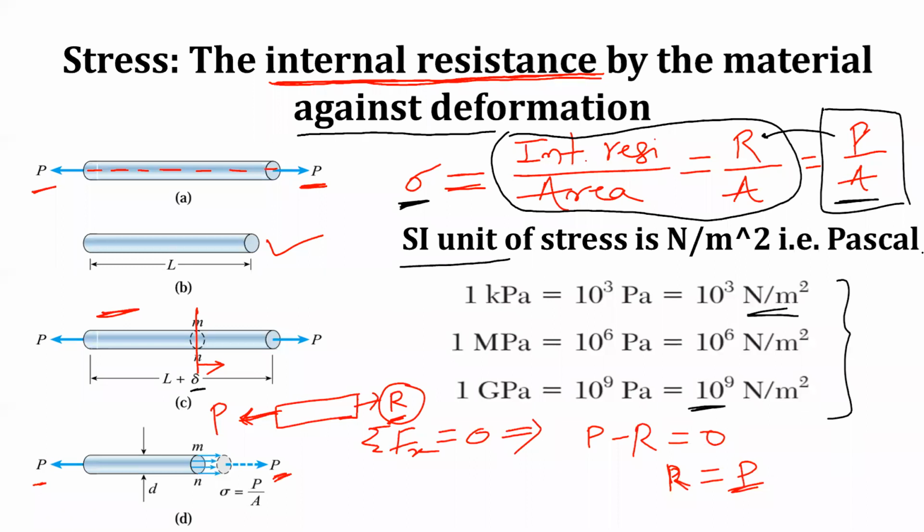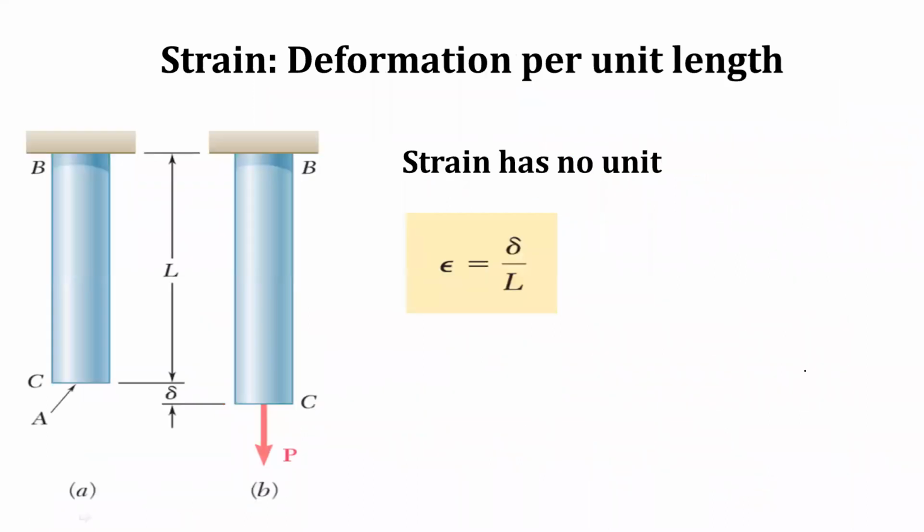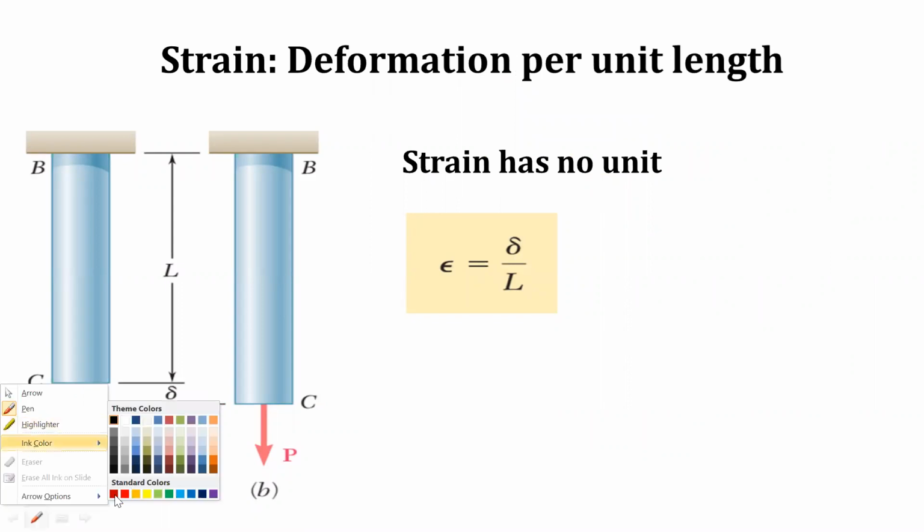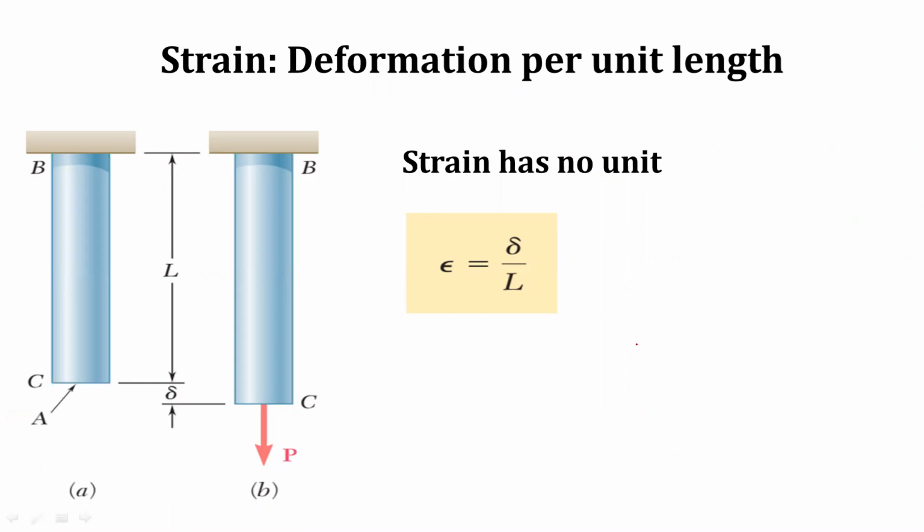Next, strain. Strain is deformation per unit length. Suppose this AB bar is there. If I apply load P here this way, and the original length is L, then after applying the load there will be some deformation. Suppose that deformation is delta.